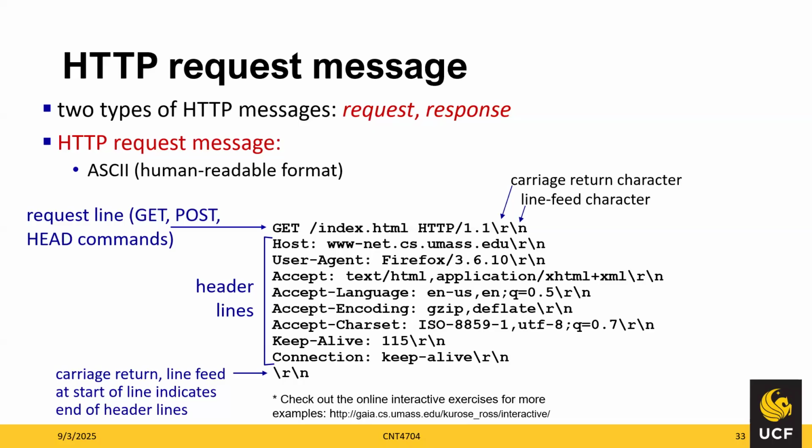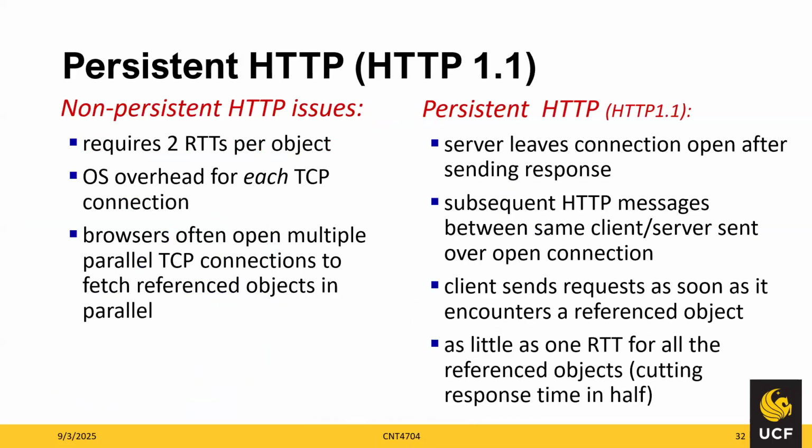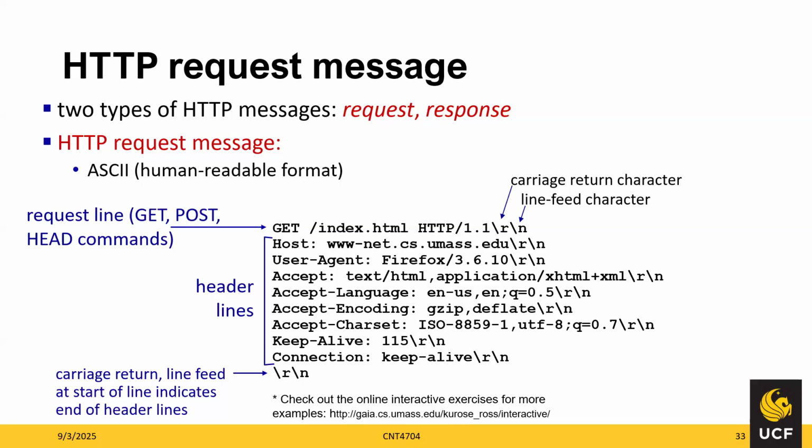We said that is persistent. Let me just refer back to it. Yes, persistent HTTP, which is 1.1. And the line ends with \r\n, so that we know the request line has been closed.